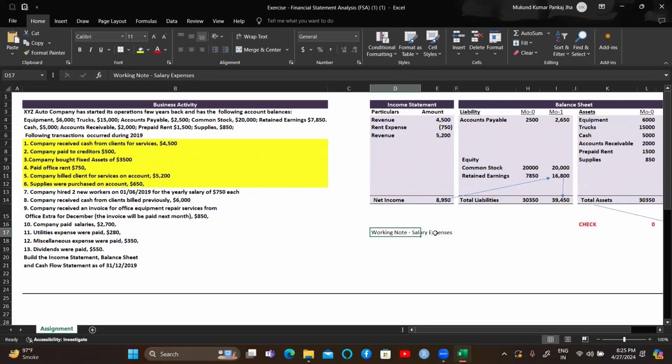Solve this one, guys. Give me the values for salary expenses for new workers.